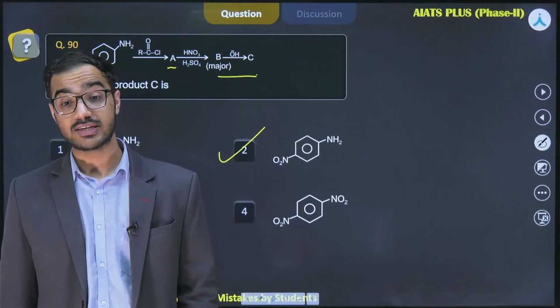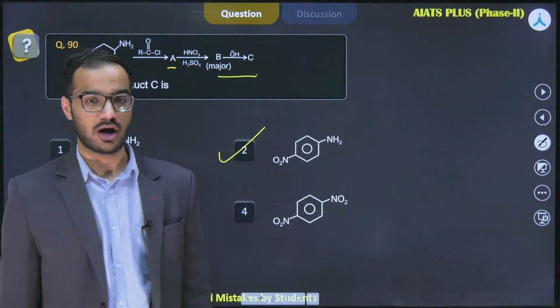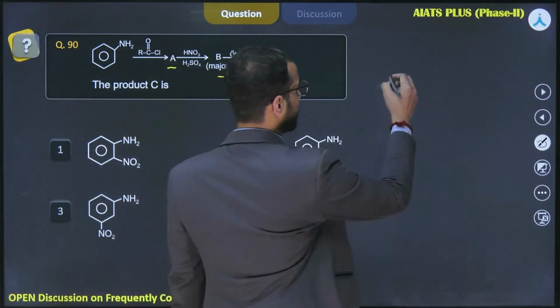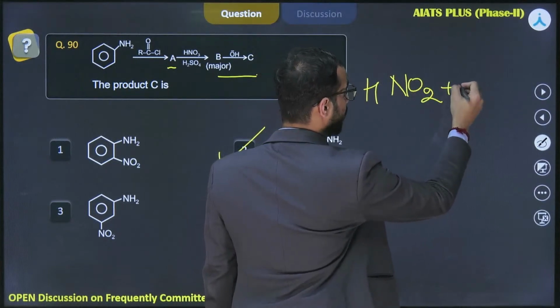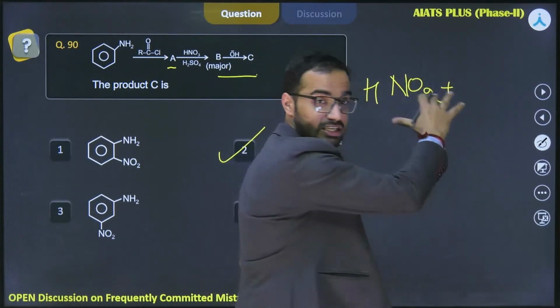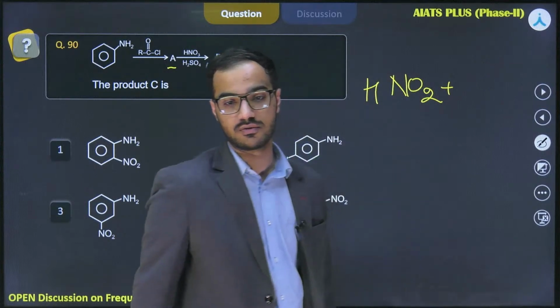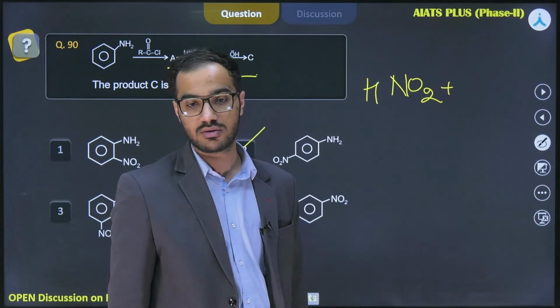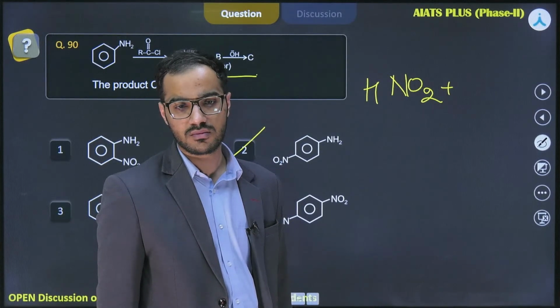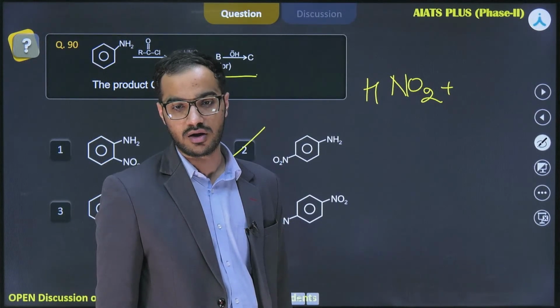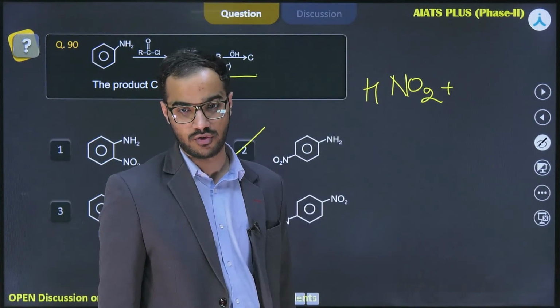No, the electrophile is NO2 positive. But how do you get it? It's simply HNO3 reacting with H2SO4. You will release a water molecule and you will be getting NO2 positive. I have heard that with sulfuric acid it will give ortho-nitrophenol.